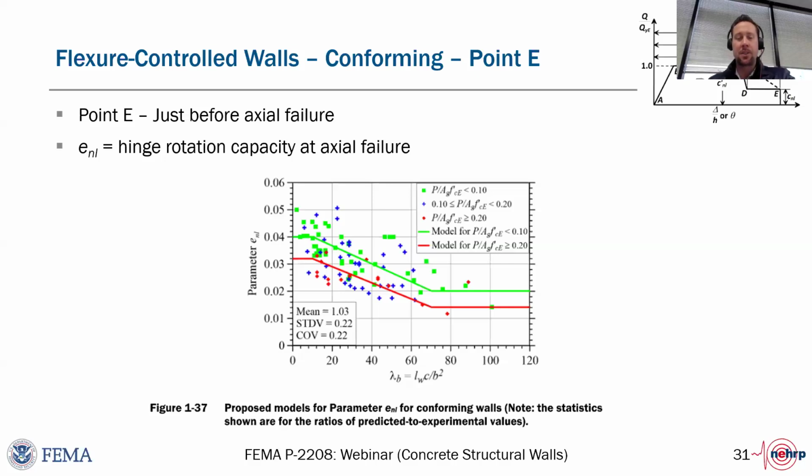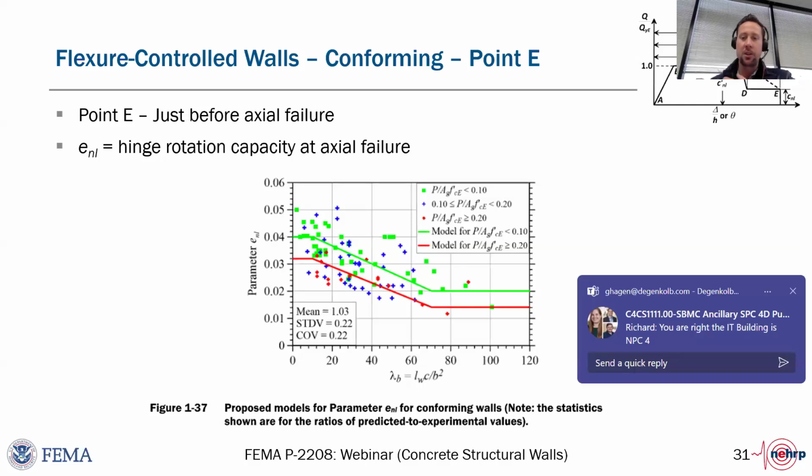And when he looked at axial load as a parameter for deformation capacity, Saman was finding a fairly weak correlation to axial load. I think there's, again, some trend, but it's a fairly weak correlation. So in his dissertation work, and then ultimately what got refined in this project, he came up with this sort of lambda term, or this relationship of the neutral axis depth.